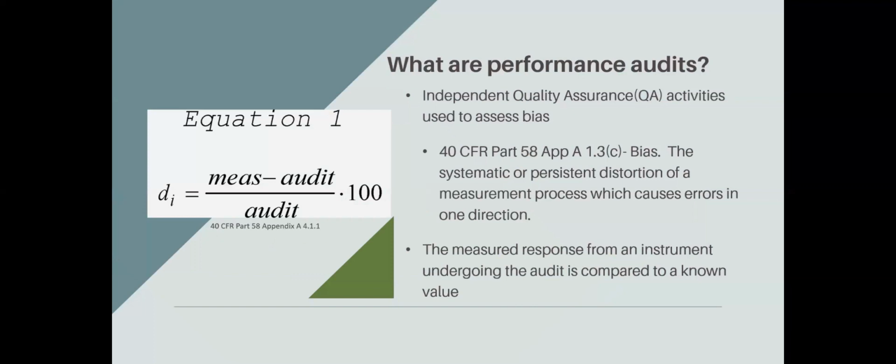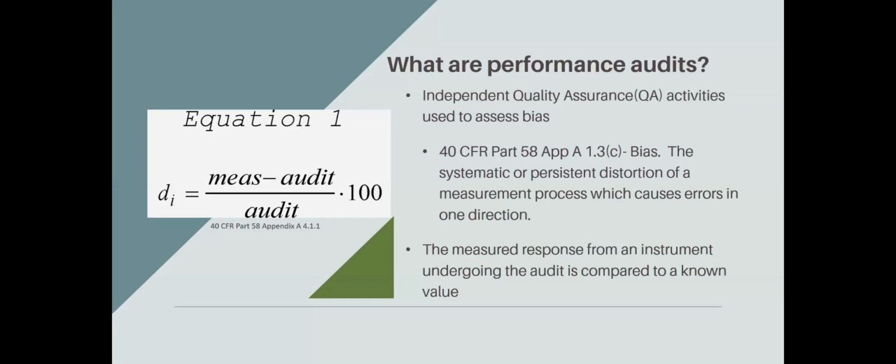And equation one is right out of Appendix A, and that's pretty much the primary calculation for almost all of the calculations. So it's simply your measured value from the instrument under audit, subtract out the audit measurement, divided by the audit measurement times 100 to calculate your percent difference.